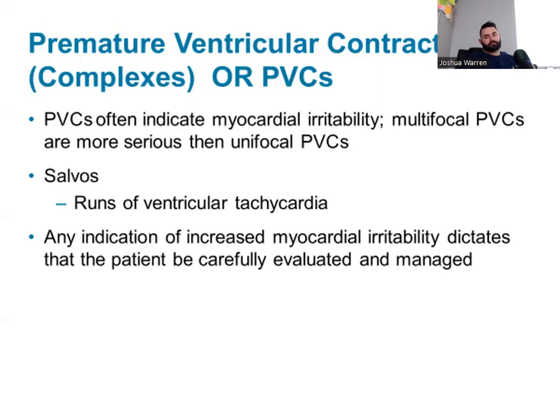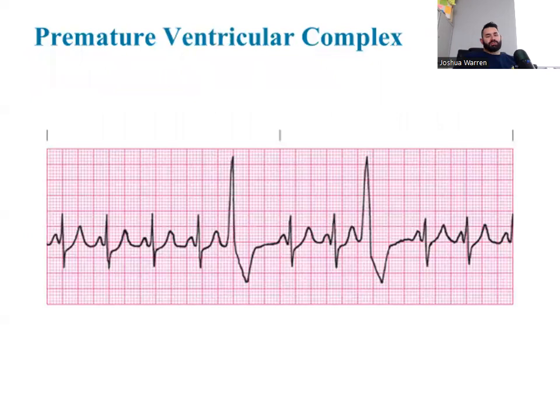That's it. So what does a PVC look like? Big, wide, and juicy. How do I know that's a PVC? Well, it's big, wide, and juicy and bizarre looking. Exactly. It's way out of proportion. So you've got a normal kind of rhythm, then you got these PVCs showing up.